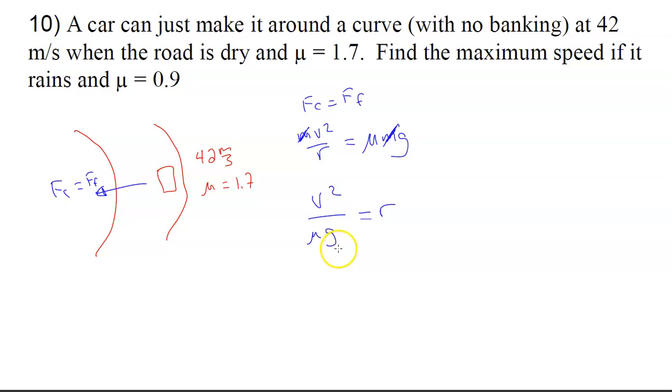And this will give me the radius of the curve. It's not what I'm looking for, but it's a new piece of information that will help me get what I want here. 1.7 is the coefficient of friction, and G is 9.8 meters per second squared.